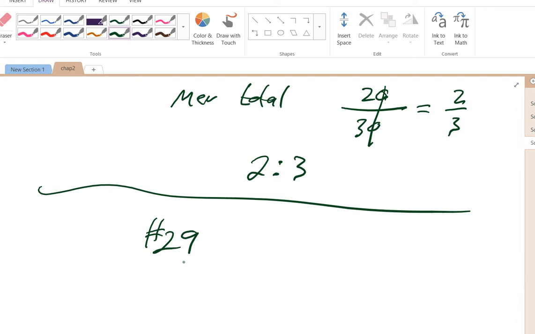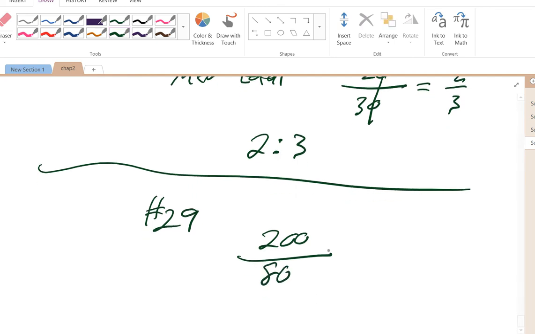So how many milligrams of caffeine do we have in the strong? What is it? 200? Okay. Over the weak? How much for the weak? 80. All right. We're going to cross that out and we're going to reduce it. So we have 20 over 8, but we can still reduce that. What's that going to be reduced down to? What numbers can we reduce out of that?